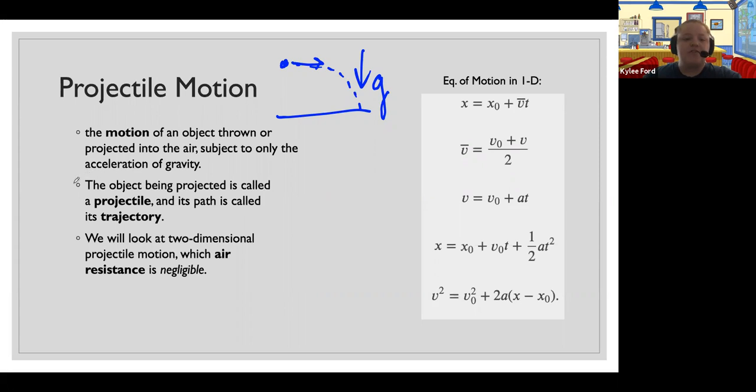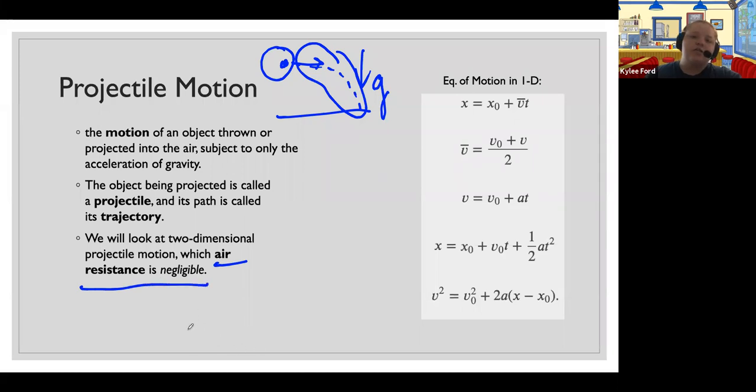I've got a couple of definitions here. The object being projected is called the projectile. So that would be like my ball. And the path that it takes is called its trajectory. So we'll be doing this in 2 dimensions, here in a second. And I wanted to point out that in physics, we typically claim that air resistance is negligible.